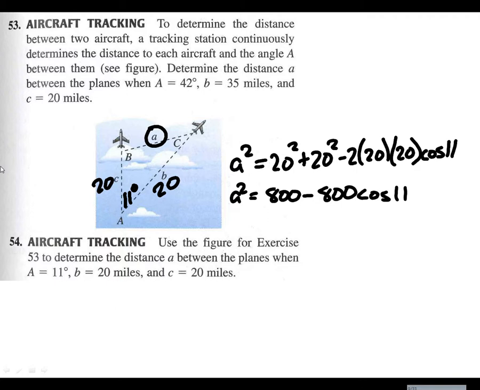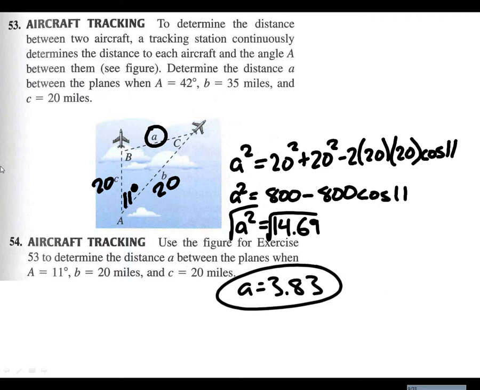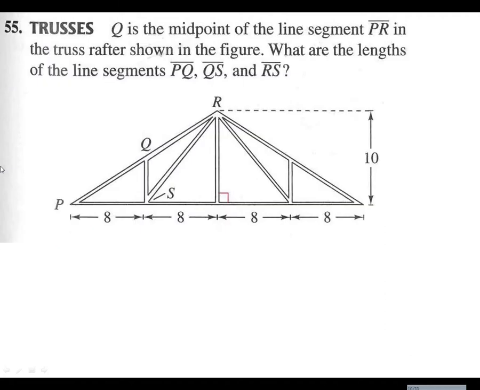And you should end up with 14.69. But that's for your A squared. So go ahead and square root it, both sides. And you end up with A is 3.83 for our final answer.